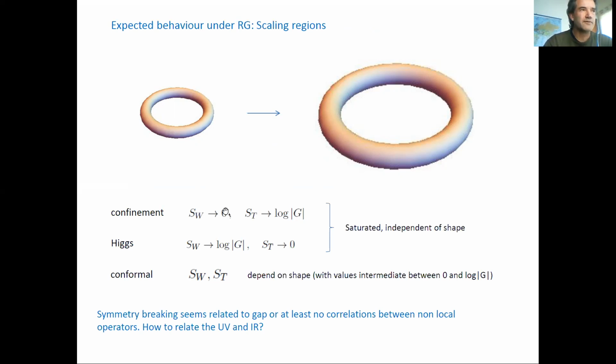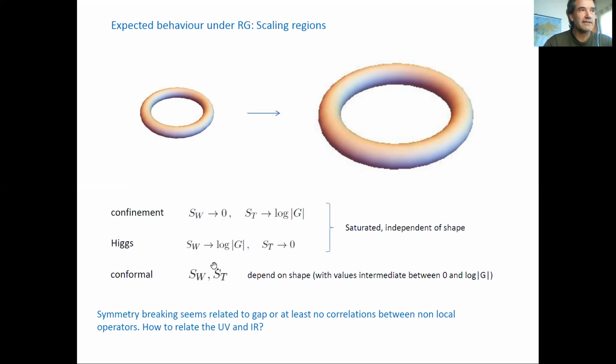That is the same as saying that there are fat Wilson loop operators with expectation value going to 0, and fat 't Hooft loop operators with expectation value going to the maximal value 1, the expectation value of a unitary operator that goes to 1. And in the Higgs phase, you have the complementary thing, the converse.